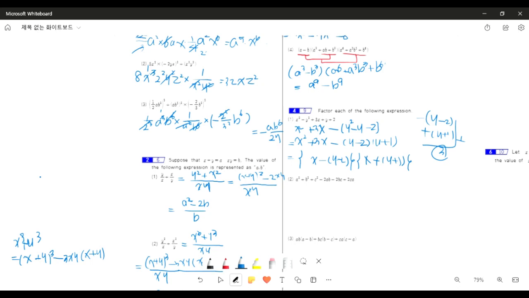And the second thing is using the quadratic formulas.